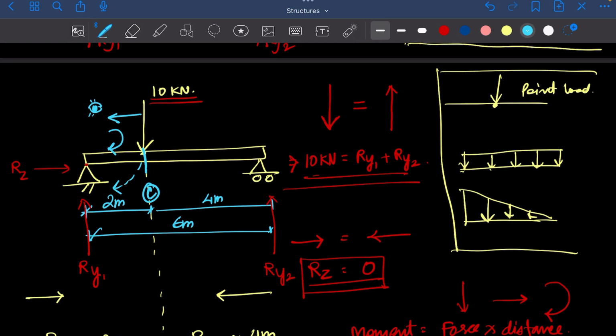So whenever a force is trying to bend the beam in a clockwise direction, the moment created is a positive moment, as in the sign of that moment would be positive. Similarly, now if I look at the same point load in this direction, how is this load affecting this side of the beam? Let's see that.